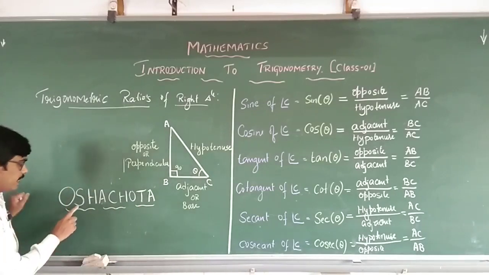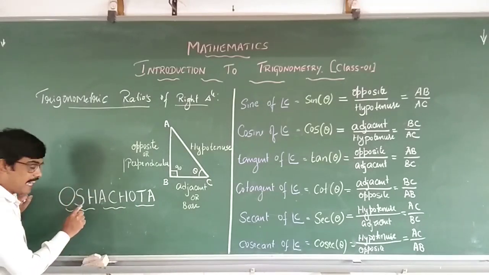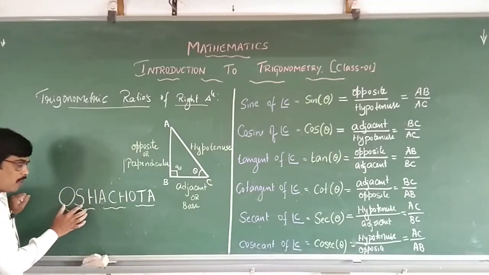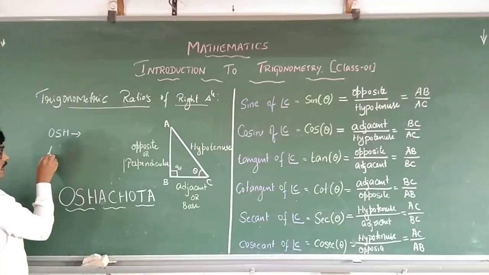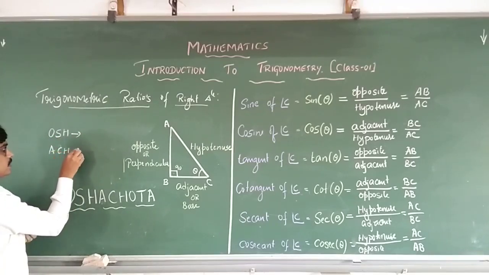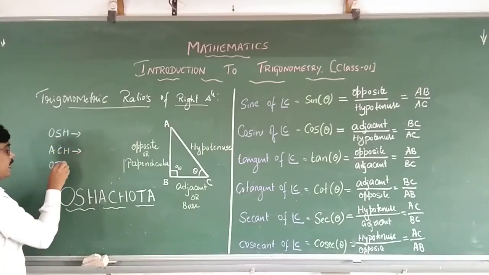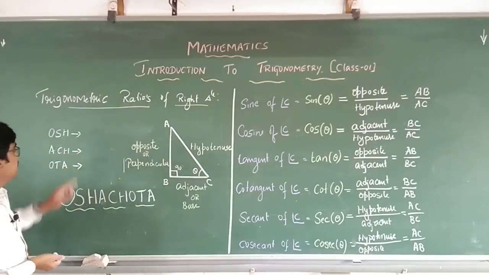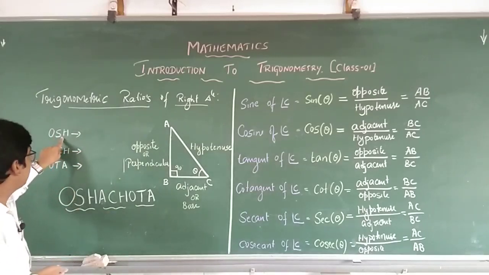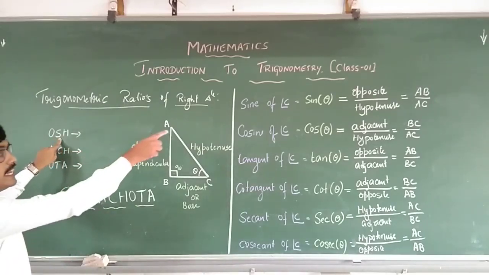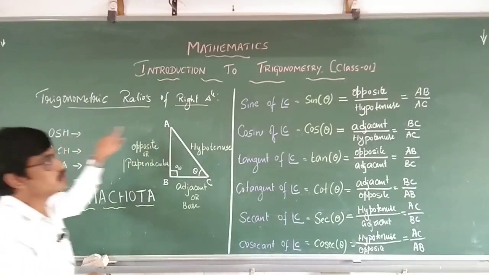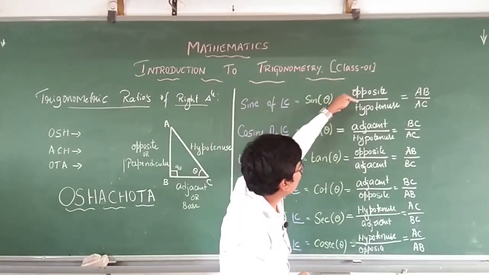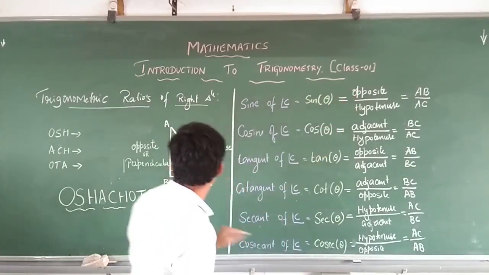OSH is the first group, ACH is the next group, OTA is the third group. We can see sine, the middle letter S, that means sine is the ratio of O and H, opposite and hypotenuse. Sine is the ratio of opposite to hypotenuse.